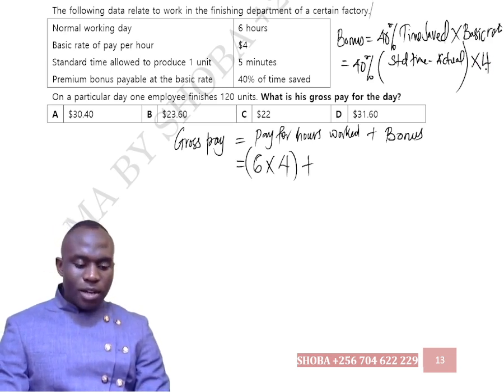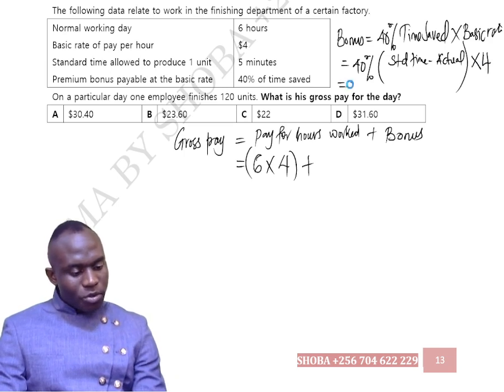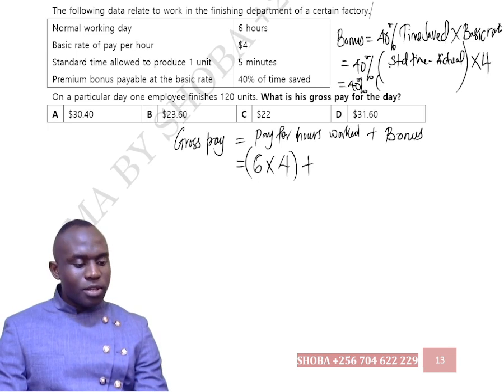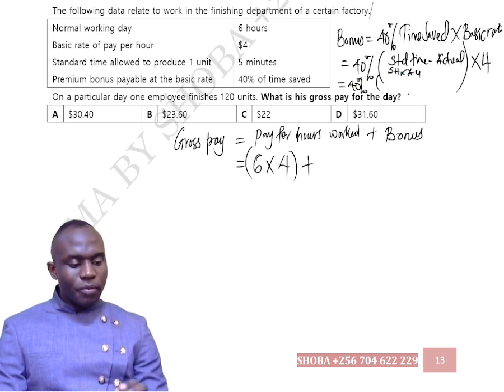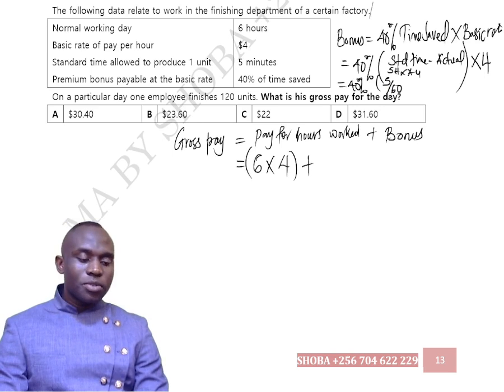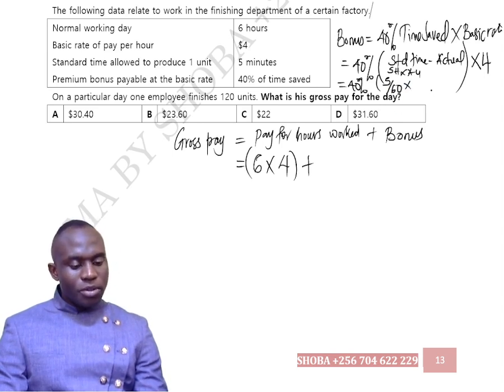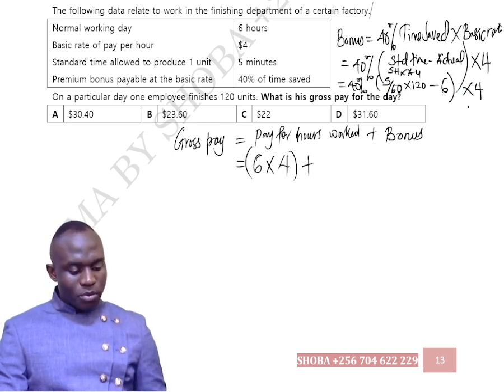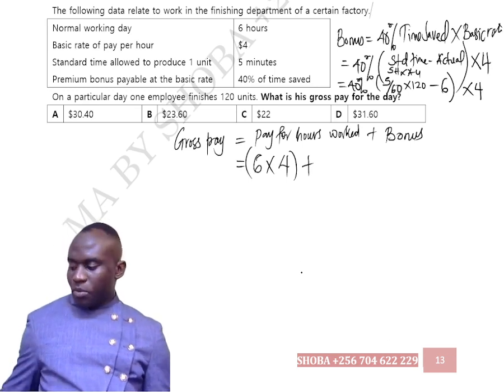So what is the standard time? So this is going to be 40%. And standard time, we said it is standard hours per unit times actual units. Standard time per unit is 5 minutes. So we change it to hours. So it will be 5 out of 60 times actual units produced. He produced 120 and he only took 6 hours. So this times 4. So our answer is going to be, we work out this.